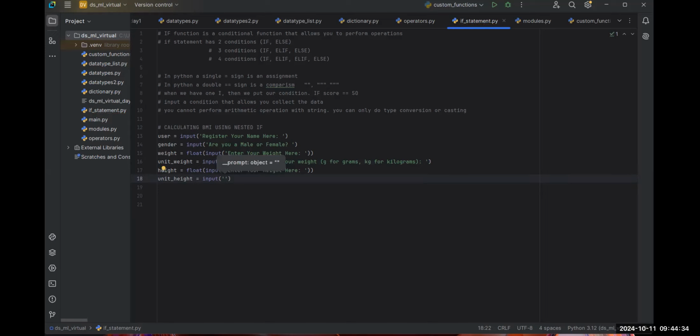We said indicate unit for measuring your height, or indicate unit of your height, so that our code will not be long. Okay, feet, centimeters, meters, that's beautiful. So indicate unit of your height. Let's go.